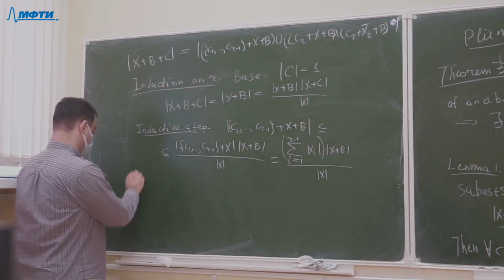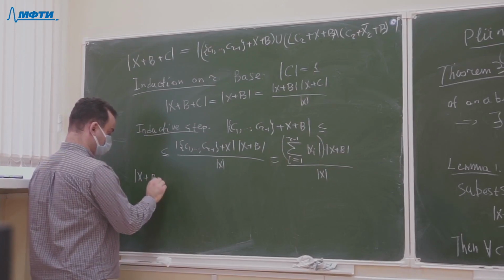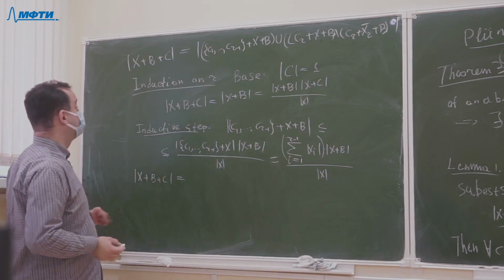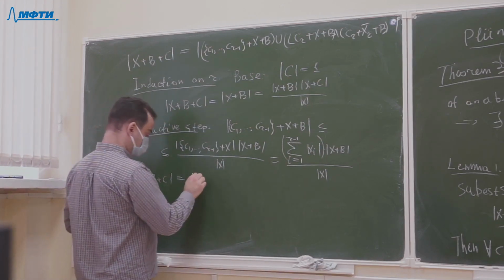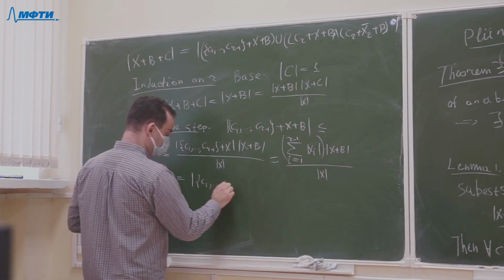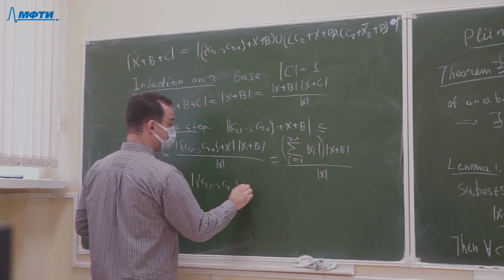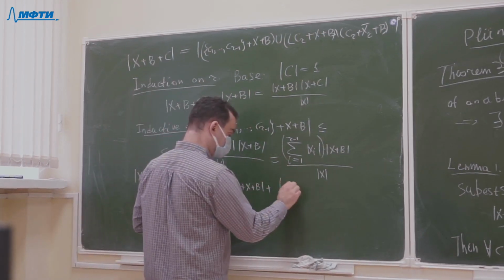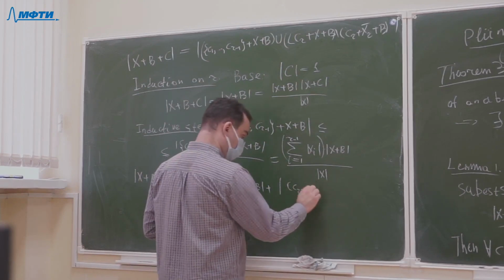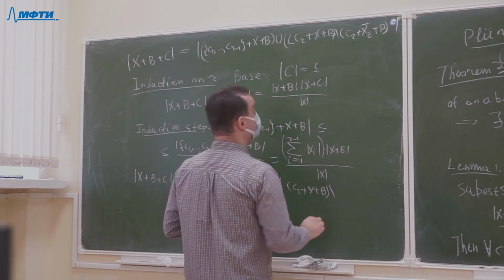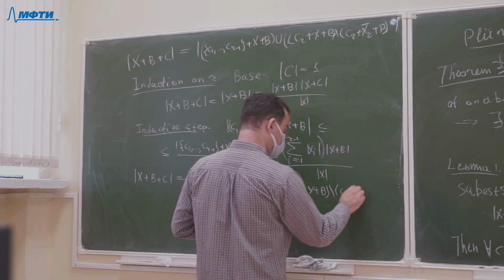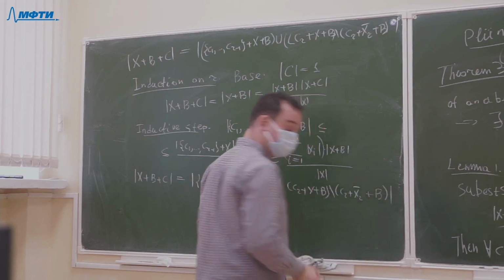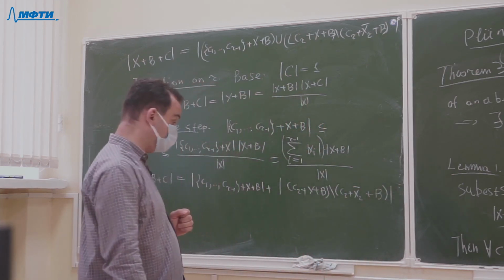So now X plus B plus C equals C_1 ... C_{r-1} plus X plus B plus C_r plus X plus B without C_r plus X_r complement plus B, because this is a non-intersecting union.